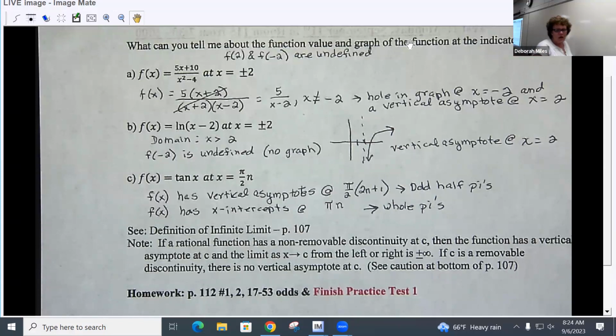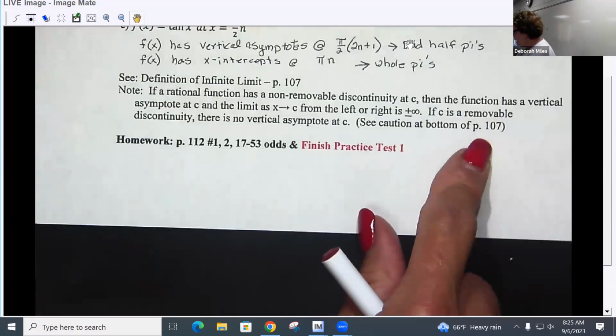All right. That definition, these are called infinite limits when you want to say that my y's are going to infinity or negative infinity. So far, we've just said the limit doesn't exist. Saying a limit equals infinity or negative infinity is not saying that the limit exists. It's saying specifically how the limit fails to exist. And that's the caution at the bottom of page 107.